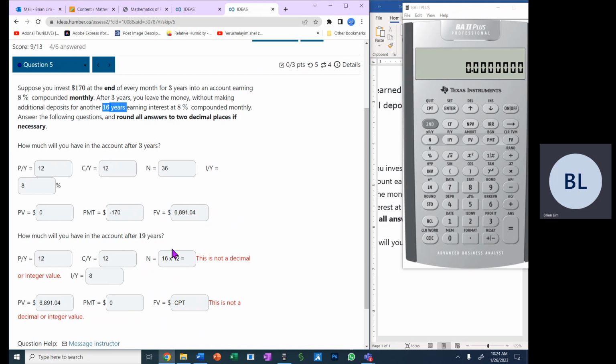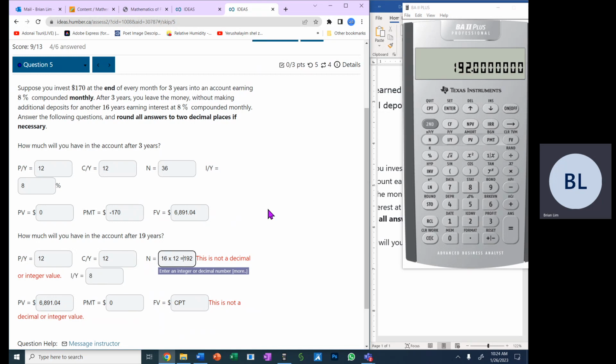Remember, it's not 19 years, we're taking 16. So we take the 16, then we go second N, and we get 192. 16 times 12 is 192. Okay, let's see. Oops, sorry, I'm getting some problems there. 192. All right, good. So that is the number.